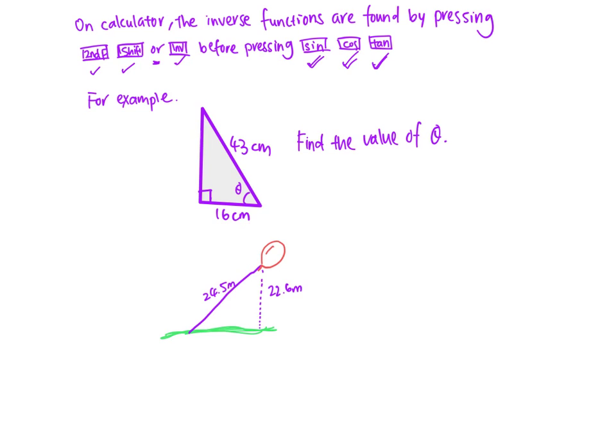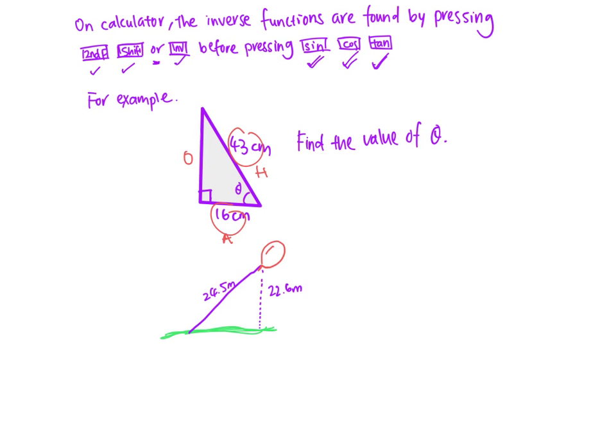Here we have a right angle triangle with 43 as our hypotenuse and adjacent of 16. That is your hypotenuse, this will be your adjacent, and that will be your opposite.